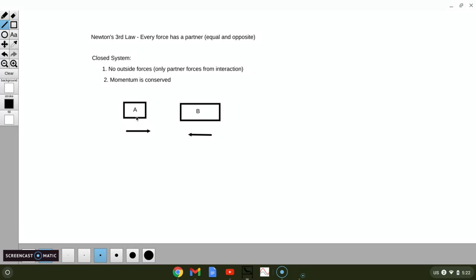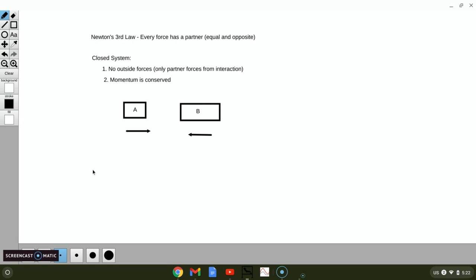Why? Because normal force and gravity are vertical, but this is happening in the horizontal direction, so they are not in the same direction, and so they have no bearing here. They won't play.